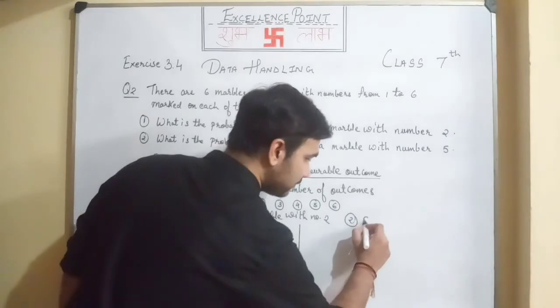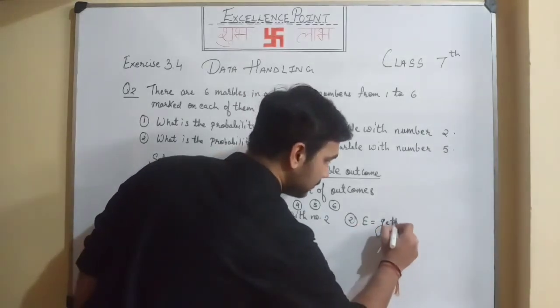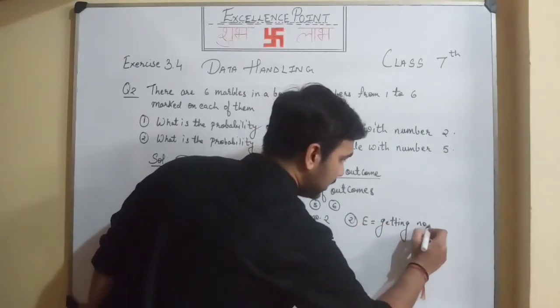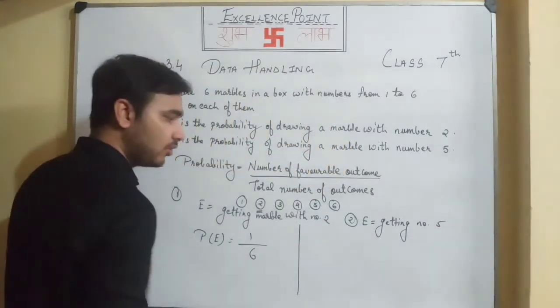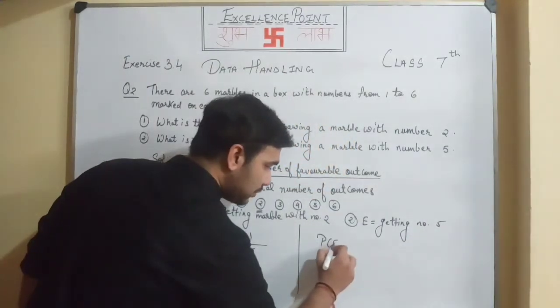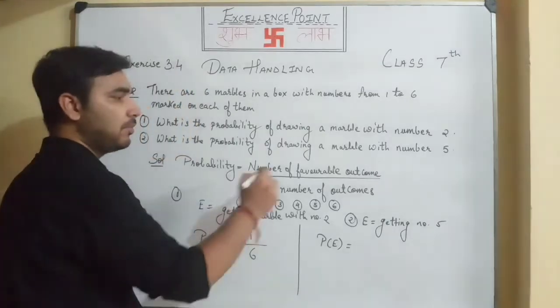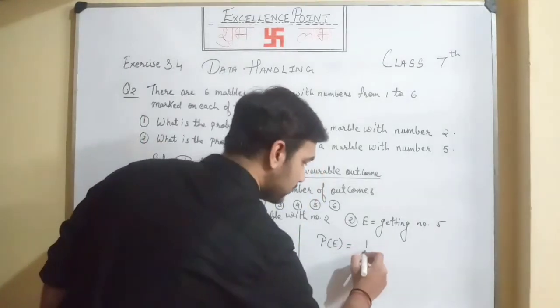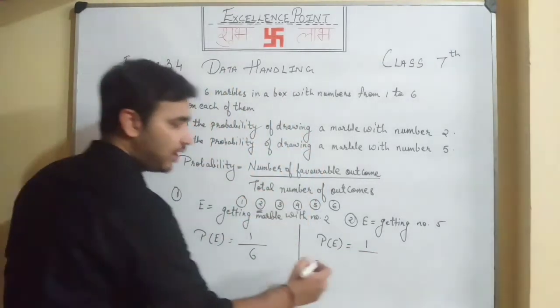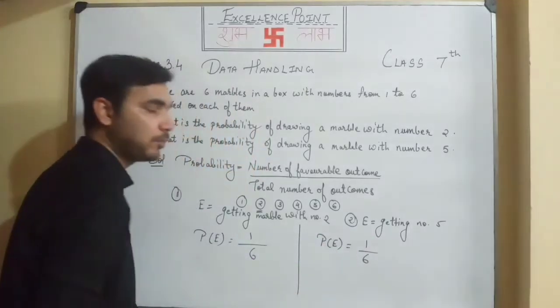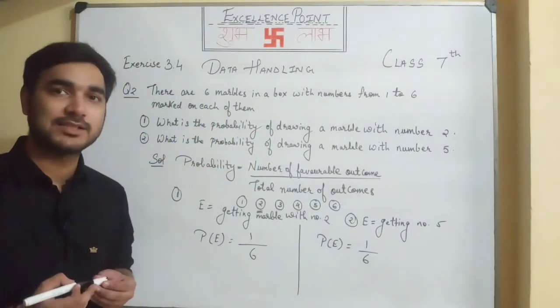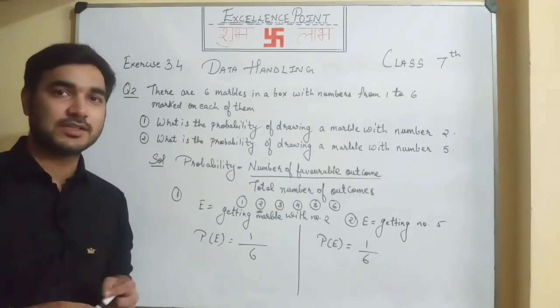The event is getting number 5. Now the formula for PE, the number of favorable outcomes is 1 divided by the total number of outcomes, 6. So the probability is 1 by 6. So we have finished with the second question.